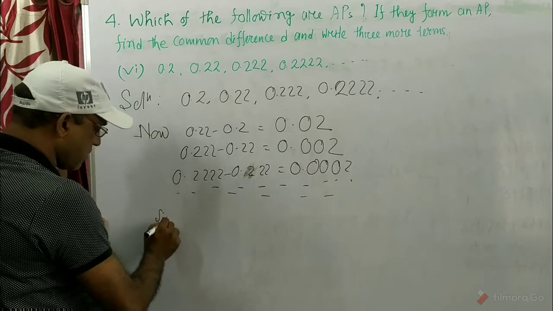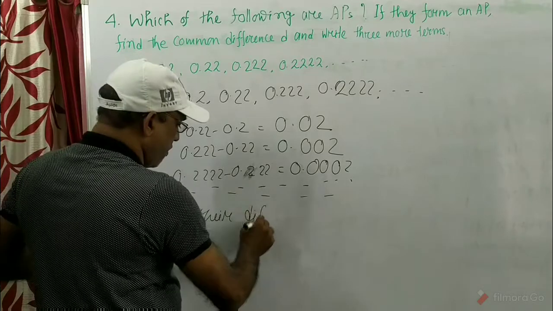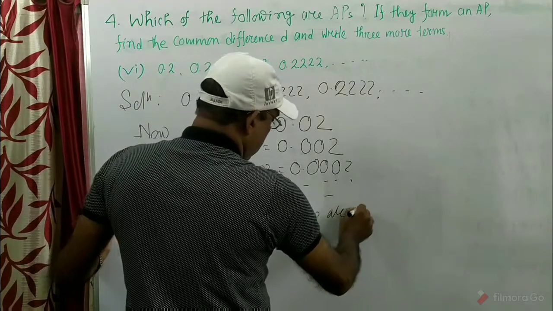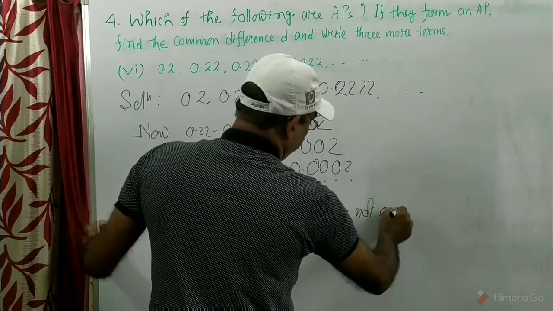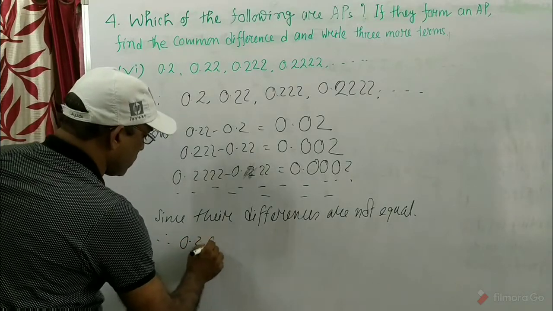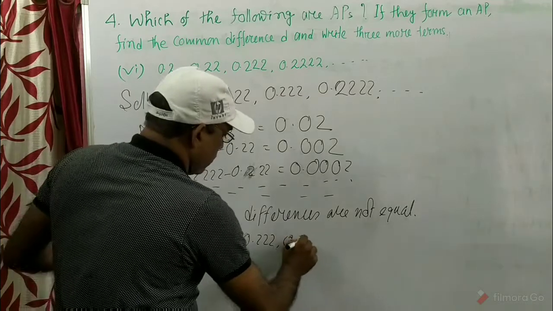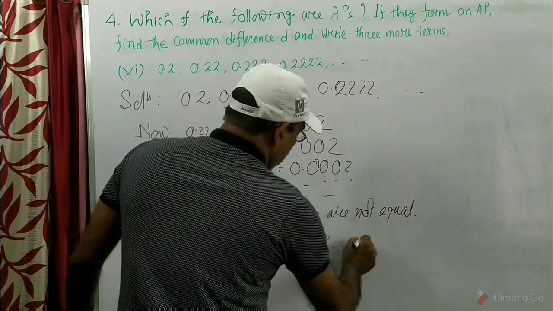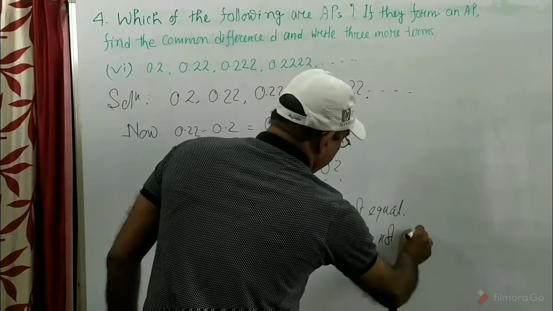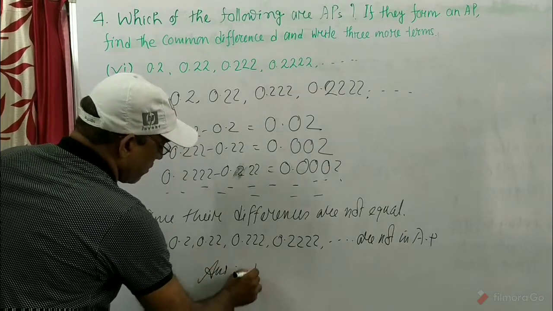Since their differences are not equal, therefore 0.2, 0.22, 0.222, 0.2222, and so on are not in AP. So the answer is no, they are not in AP.